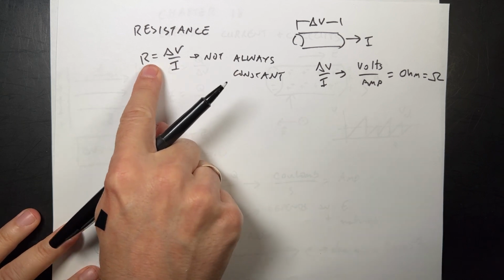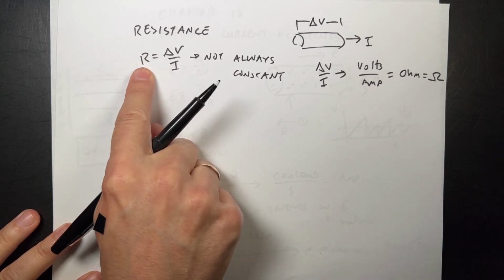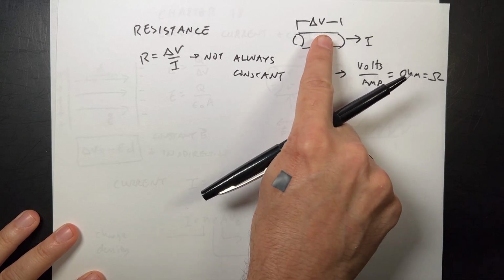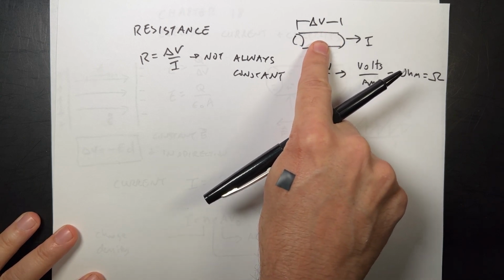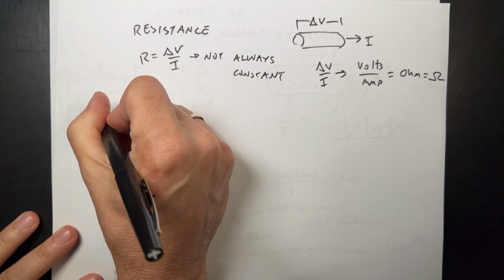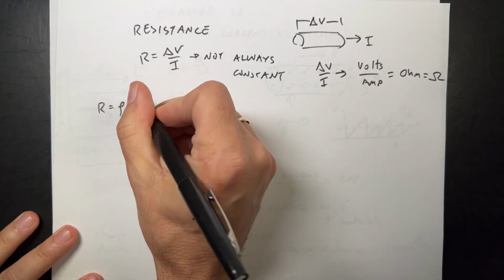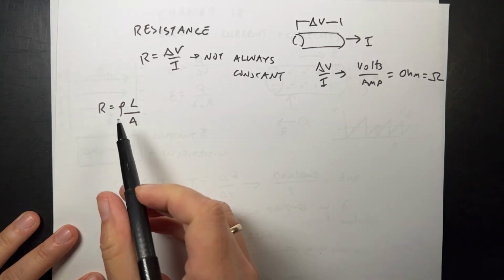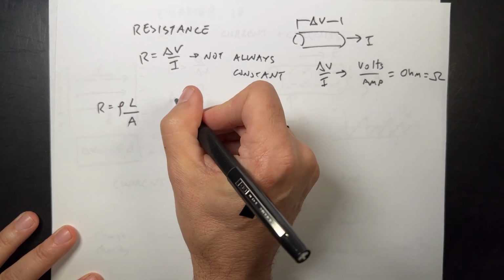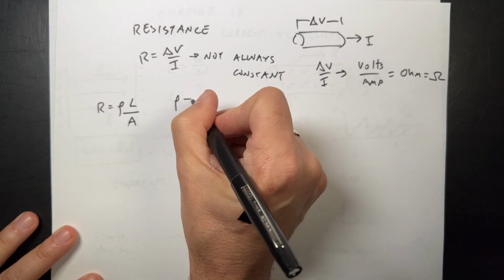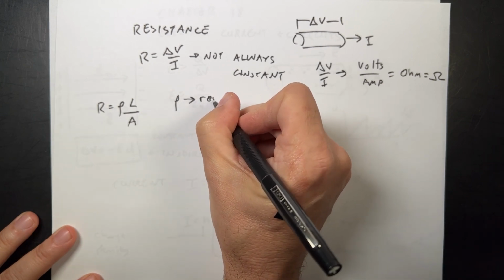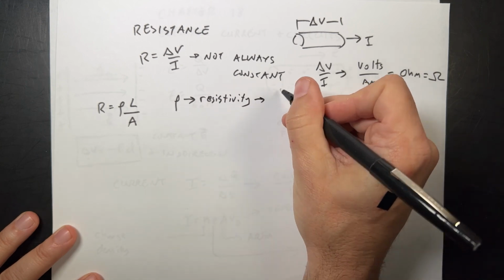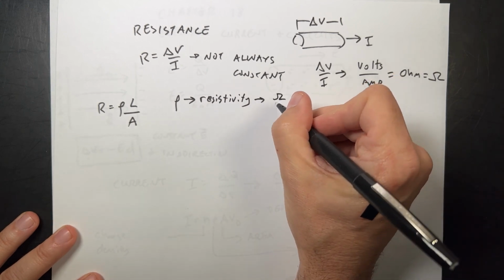Let me also say, this resistance depends on the material of the wire or element and the physical dimensions. We can actually separate that out. We can say the resistance is some resistivity times the length divided by the area, where the Greek letter rho is resistivity in units of ohm meters.